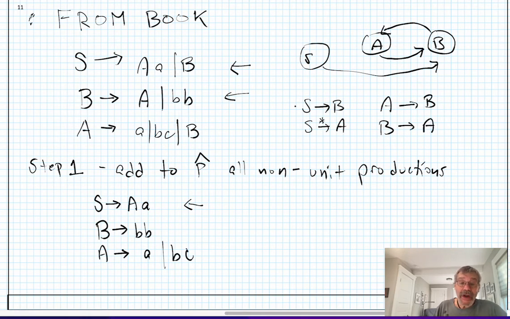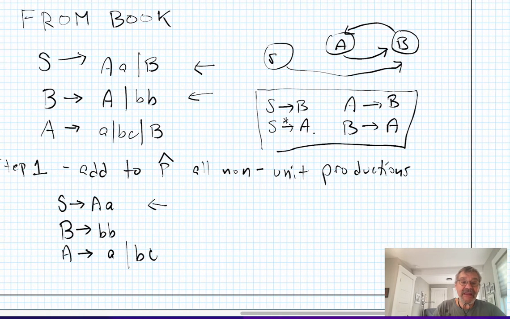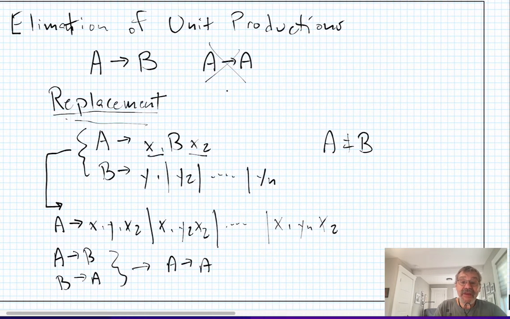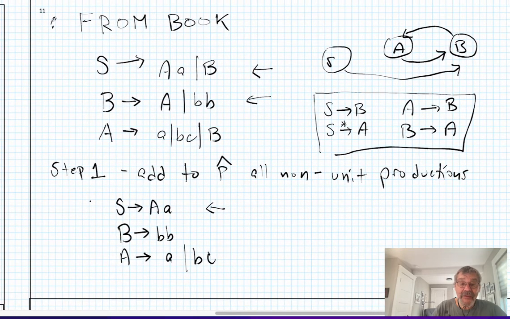Okay, so what I need to do now is use the replacement theorem, being this theorem here, on these transitions, but now I take my transitions and my replacements from this grammar down here, not the original grammar. Remember, these are the productions that are in P hat. And what's nice about that is that these all by definition are non-unit productions.